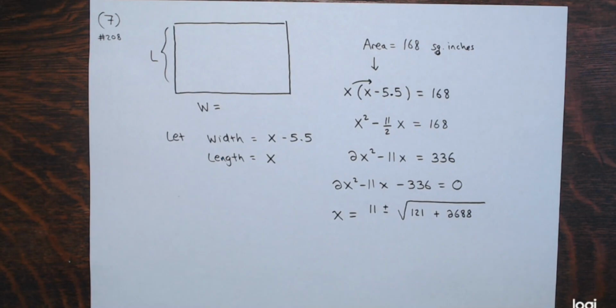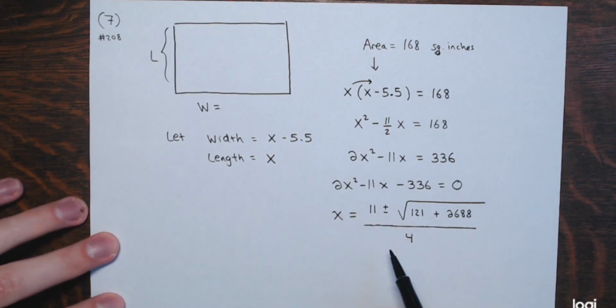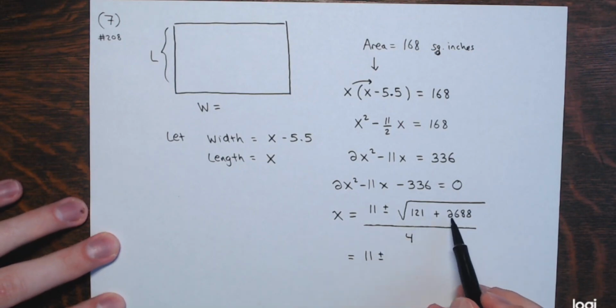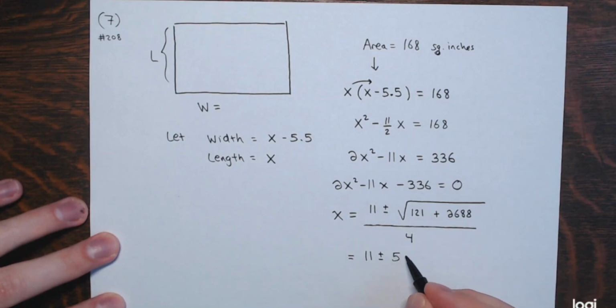I'm just going to double check that with the calculator somewhere. Alright, and then all this divided by 2 times a is 4. And we have 11 plus or minus, now this is 2,809, which has a square root of 53 that I already checked. Right? And then all this divided by 4.